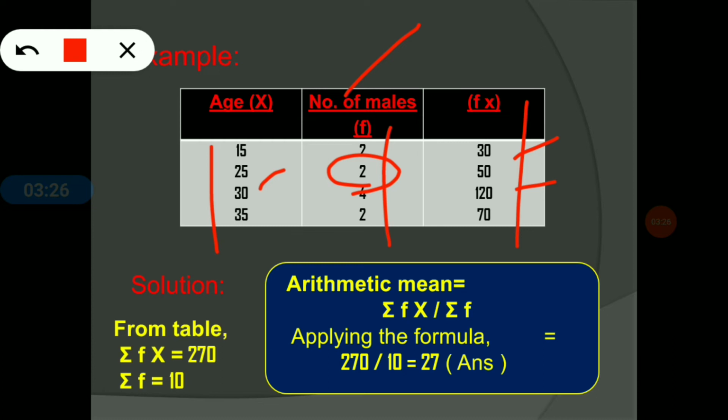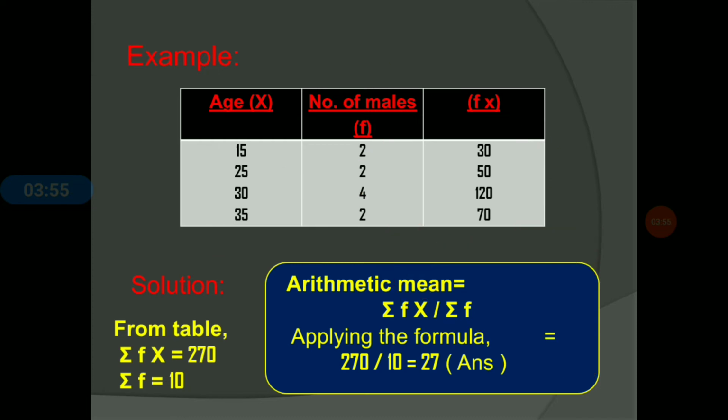Clear? We have to calculate summation fx. Summation fx means 30 plus 50 plus 120 plus 70, that equals 270, and summation f means 10. So the formula x bar equals summation fx by summation f equals 270 by 10, that equals 27, the arithmetic mean for this formula.